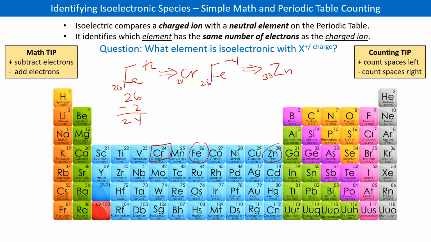Do the math: 26 for iron, and minus means add 4, and we get our 30, which matches zinc.